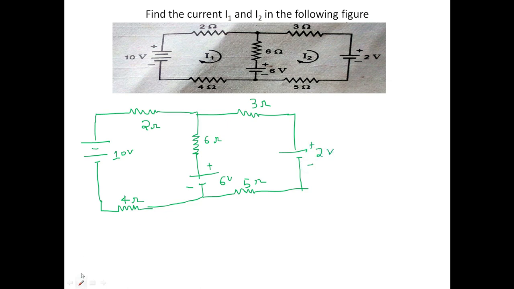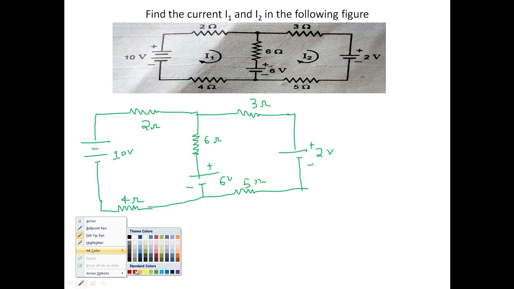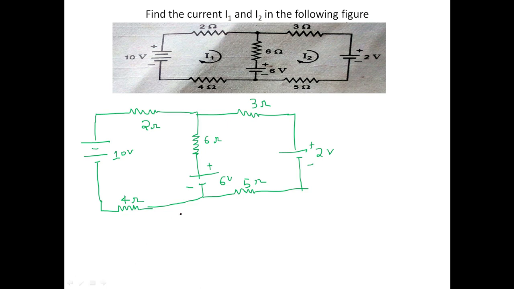Let us calculate it in steps. We have to find the current I1 and I2. This is I1 and I2. Now by using KVL, we start from this particular point.